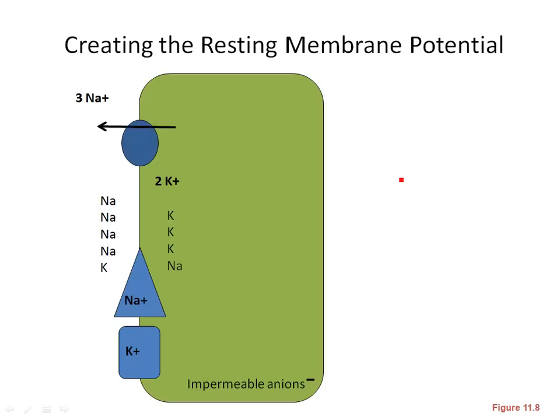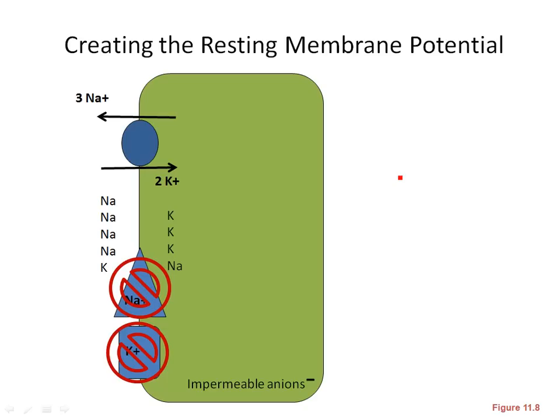So it turns out this pump moves 3 sodium ions out and then 2 potassium ions in. At the beginning of the story, the sodium voltage-gated channel is closed, so while sodium can leak across the membrane, it's not moving in large amounts. Also at the beginning, potassium's voltage-gated channel is closed as well. And again, potassium leaks across the membrane, but it's not moving in large amounts, and both ions, even though they might leak, are pumped right back to their original position.